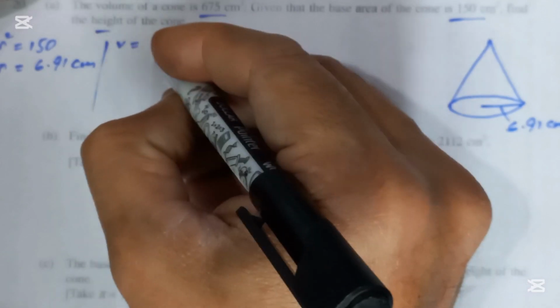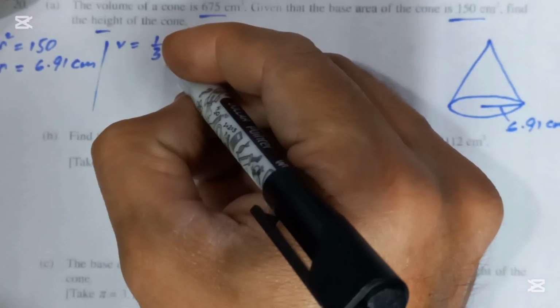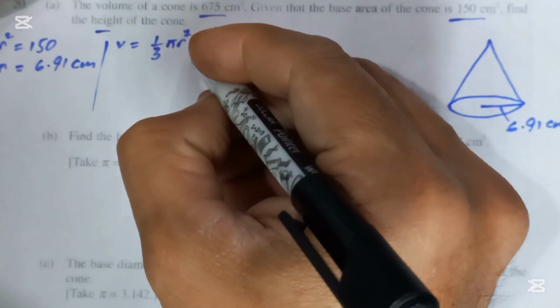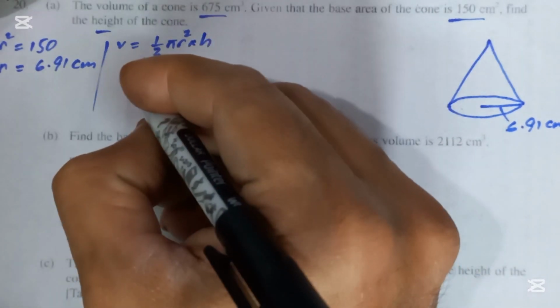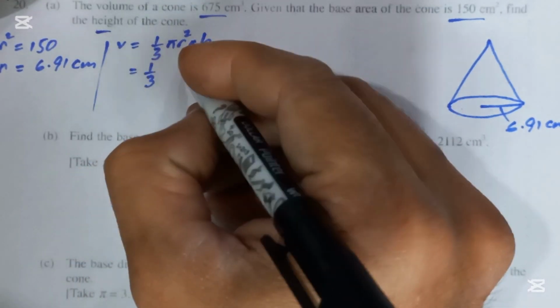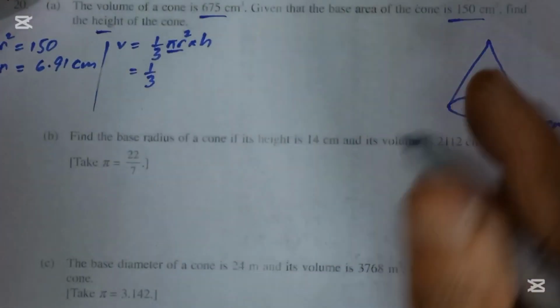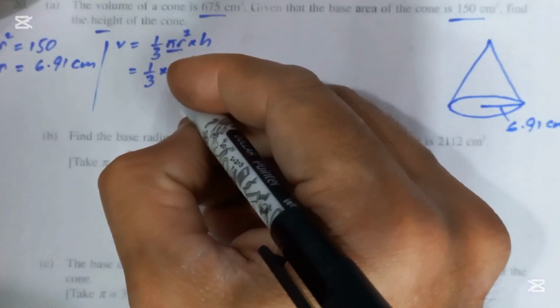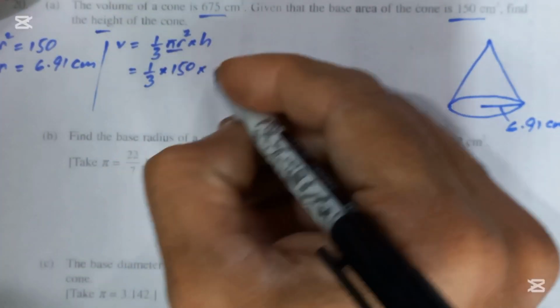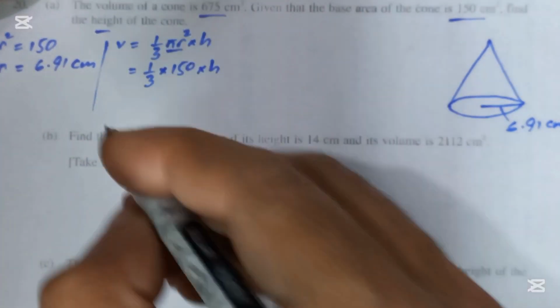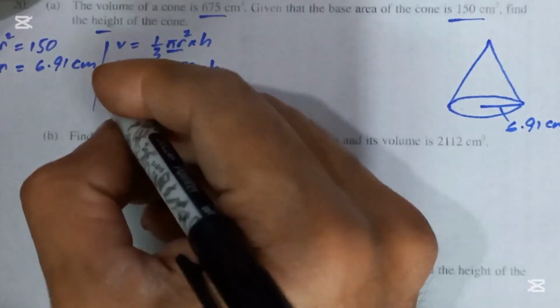The formula for the volume of the cone is 1 by 3 pi r square into h. 1 by 3 will remain the same. This is the area of the base, which is given 150, and h is missing, and the volume is given, that is 675.